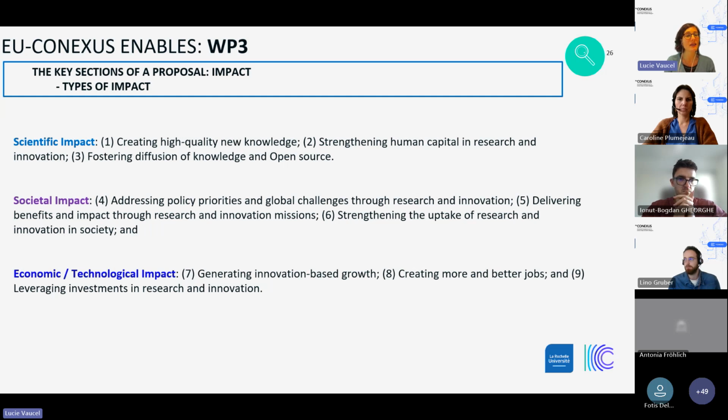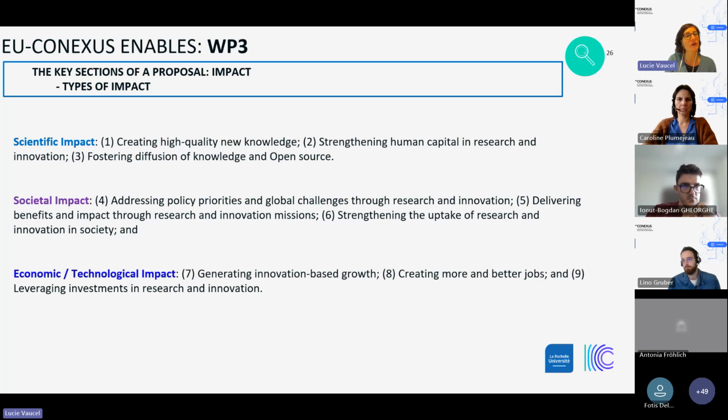And lastly, you have the economic or technological impacts, that is generating innovation-based growth, creating more and better jobs, and leveraging investments in research and innovation. Those are classified under economic or technological impacts.